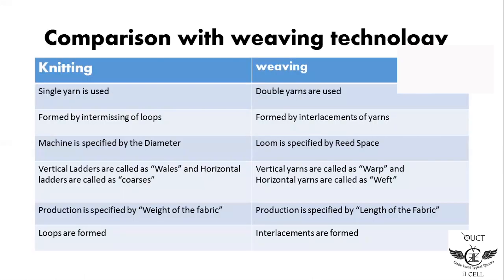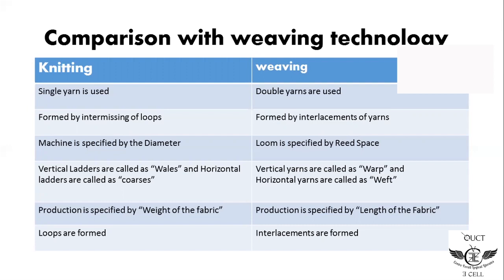Okay. And when we compare with weaving, in knitting we use a single yarn, but in weaving we use double yarns. Knitting is formed by intermeshing of loops, weaving by interlacement of yarns. In a knitting machine there will be a cylinder, and the machine is specified by its diameter.